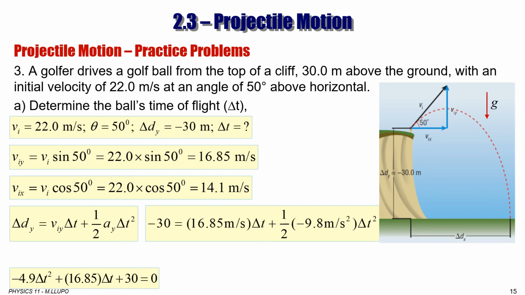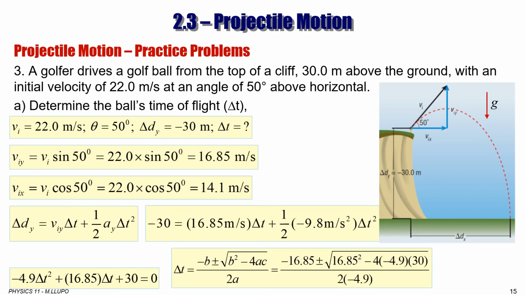That is equal to 0. Then we can use minus b plus or minus the square root of b squared minus 4ac, divided by 2a. The same thing: we plug those numbers into that second degree equation to find two values, one positive, one negative. We ignore the negative value and keep only the positive value, which is 4.73 seconds.